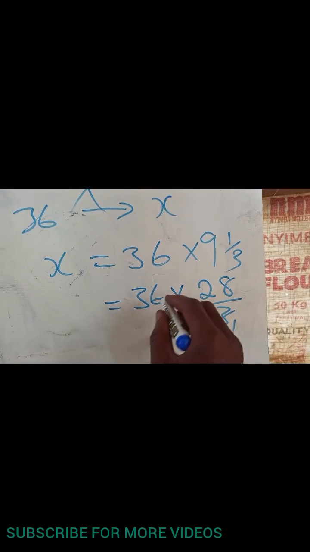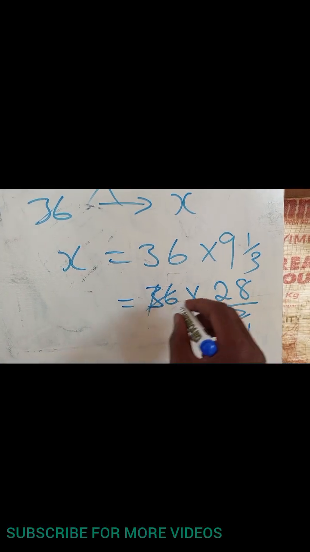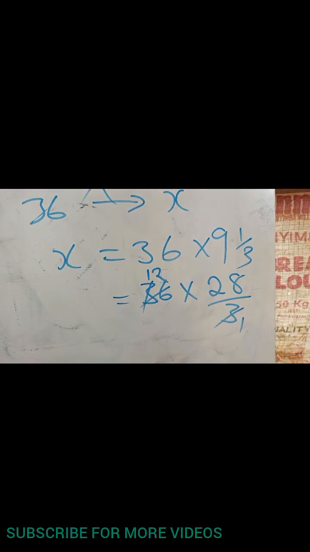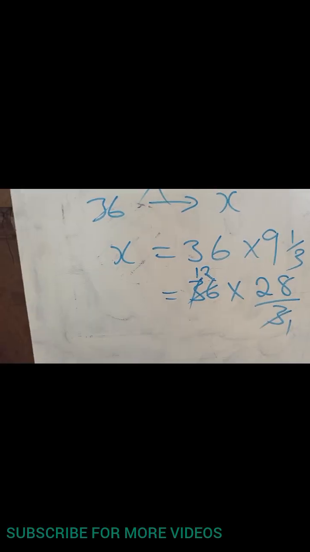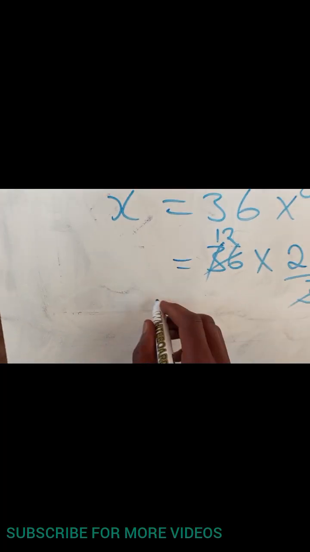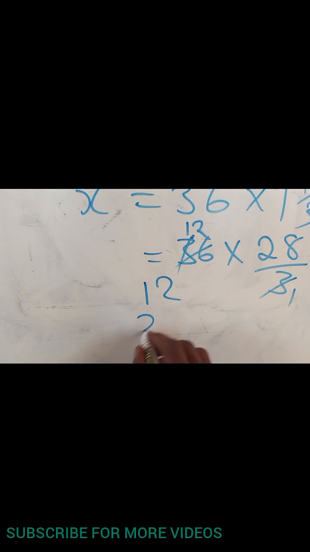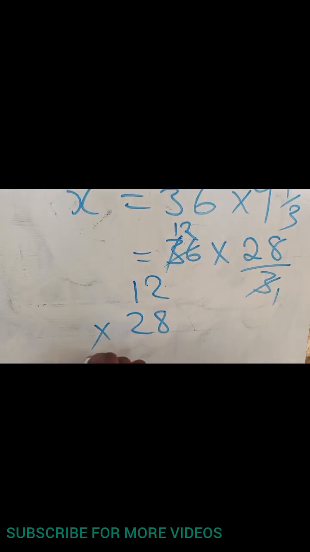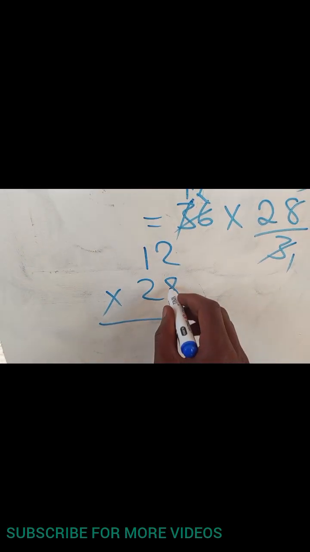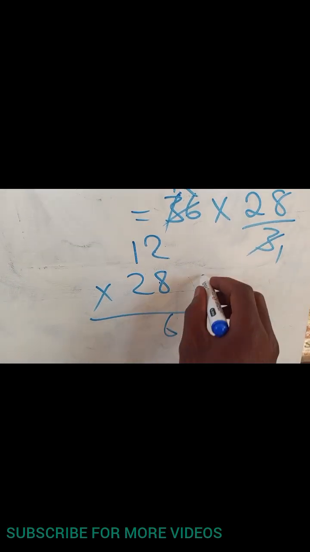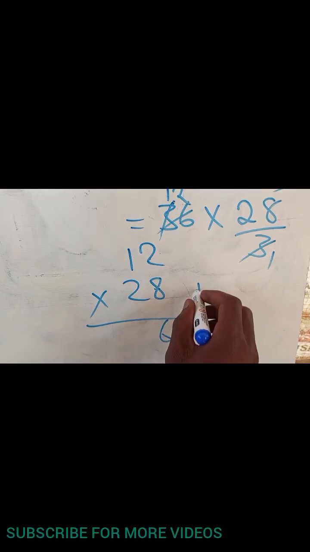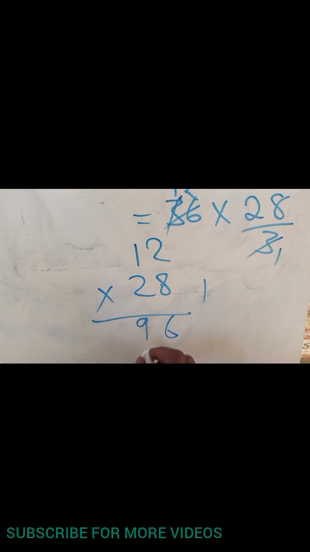So 3 into 3, 1. 3 into 36, we are going to have 12. So we are going to multiply 12 with 28. 12 multiplied by 28. So 8 multiplied by 2, 16. 8 multiplied by 1, 8 plus 1, 9.